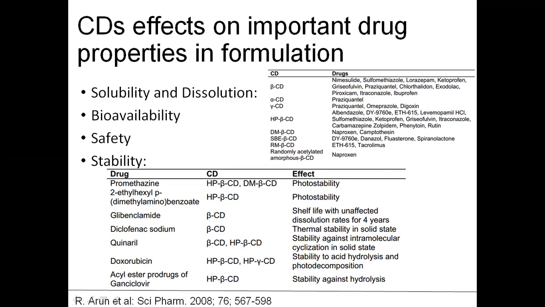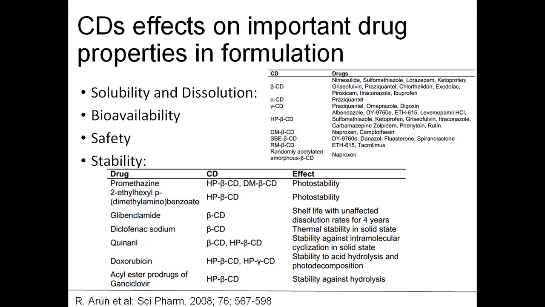The various applications of cyclodextrin as solubilizing agents are summarized in the table. Cyclodextrin enhances the bioavailability of insoluble drugs by increasing drug solubility, dissolution, and drug permeability. The feasibility of pharmaceutical formulation can be limited by stability issues, especially for aqueous formulations of drugs that are prone to hydrolysis or oxidation.